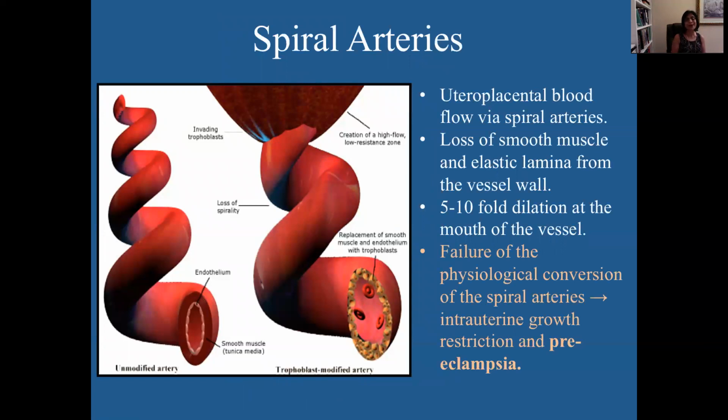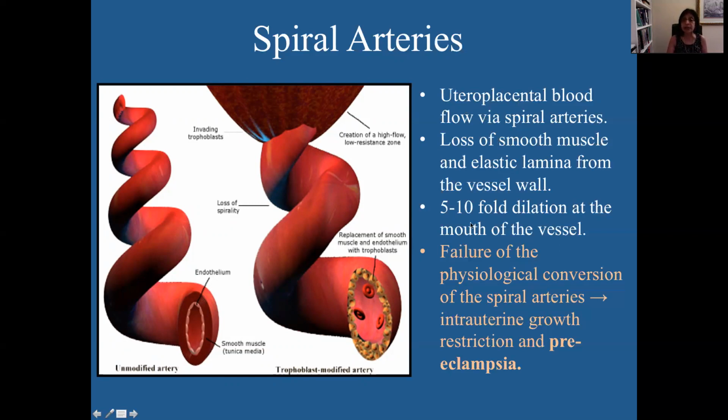Okay, spiral arteries are shown in a bigger form here. All you want to remember is these are the arteries that would provide blood supply between the uterus and the placenta.